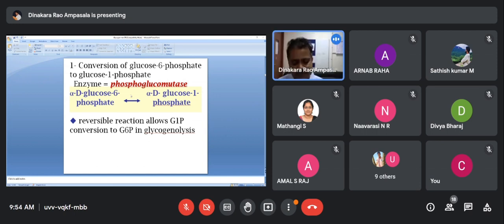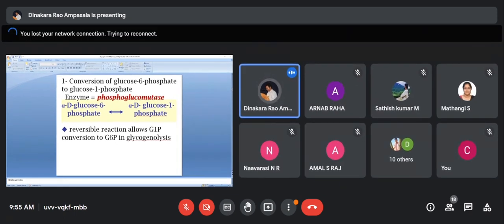Whenever glycogenesis is there, glucose 6-phosphate will convert into glucose 1-phosphate. When glycogenolysis is there, glucose 1-phosphate can convert back to glucose 6-phosphate, just like the glycolysis and gluconeogenesis pathways.